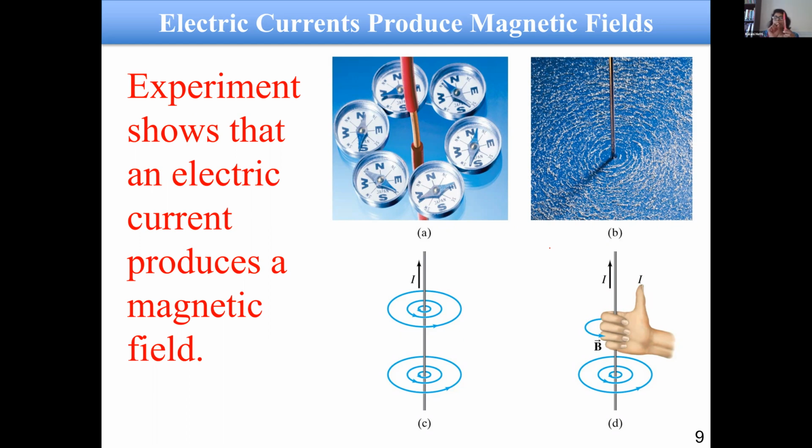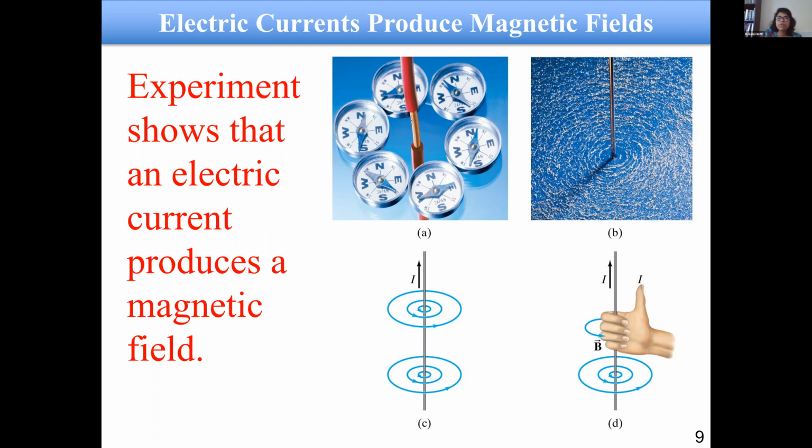If you bring the compass to this point, you will see the compass needle pointing this way. If you bring the compass in front of it, you will see it pointing this way, and backward this way, right? This is because of the magnetism created around this wire by the current in the wire. That's why I have these compass needles.